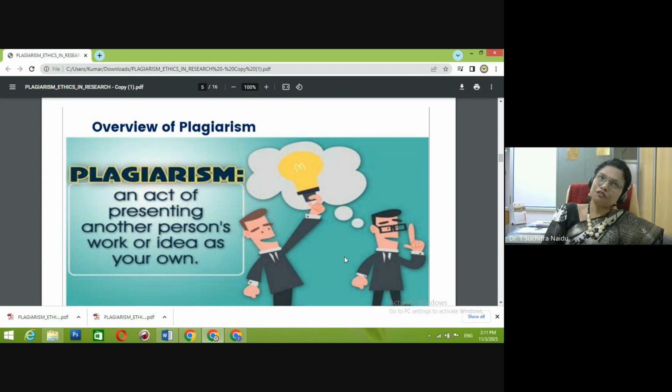So we are having three different types of plagiarism. One is known as accidental, wherein the person is not at all aware of the concept of plagiarism. Intentional, where the person is totally aware but wantedly tries to copy someone else's content without acknowledging them.